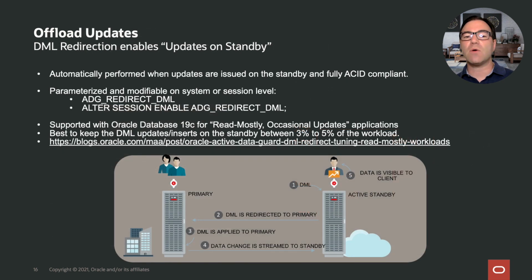For which reason we now can offload updates. The technical feature is called DML, Data Manipulation Language Redirection. But really what it enables is updates on standby. So now you don't have to move the write of the report to your primary anymore because that is done for you automatically.